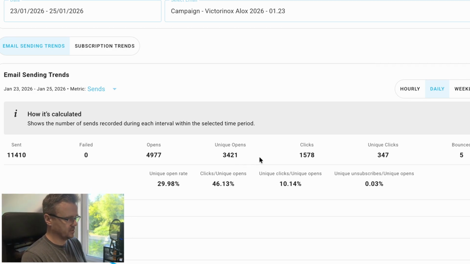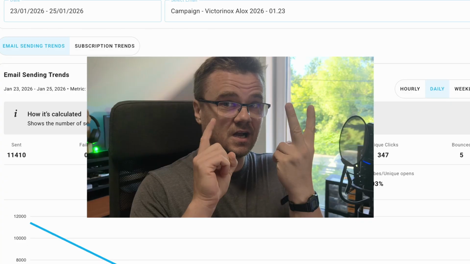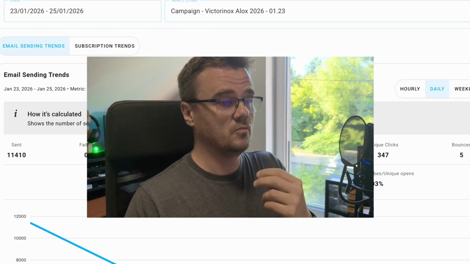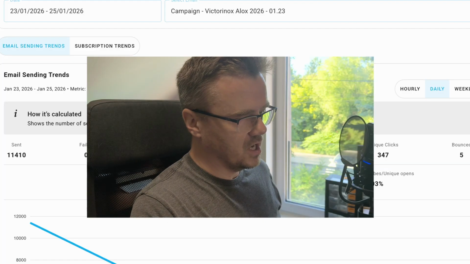So we differentiate between opens and unique opens. Here is the first important differentiation. What's the difference? If one person opens one email 2 times, then it counts as 2 opens, but it still counts as 1 unique open because that's only one person, right? Same with clicks.